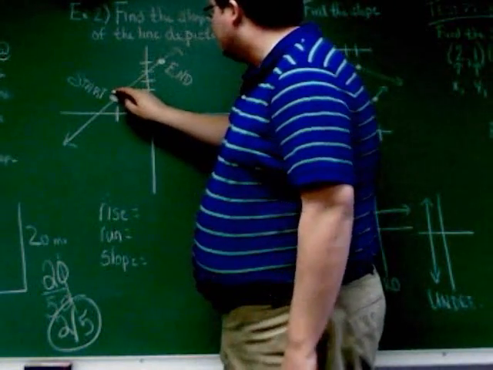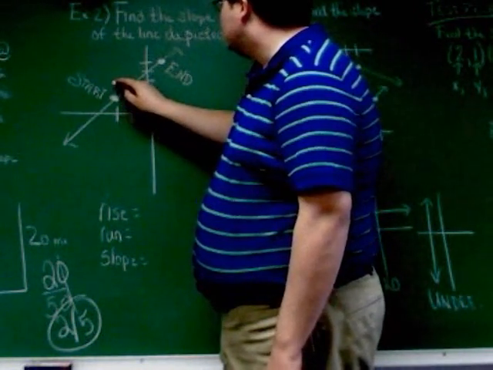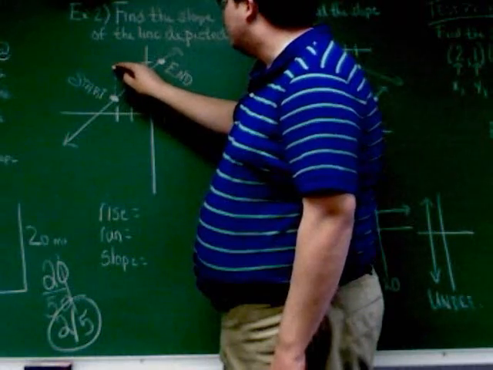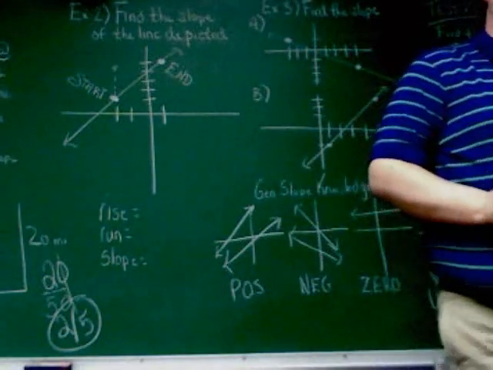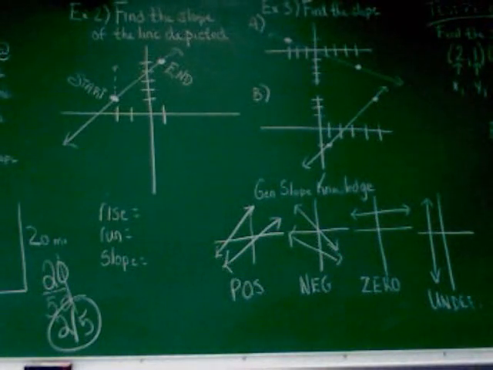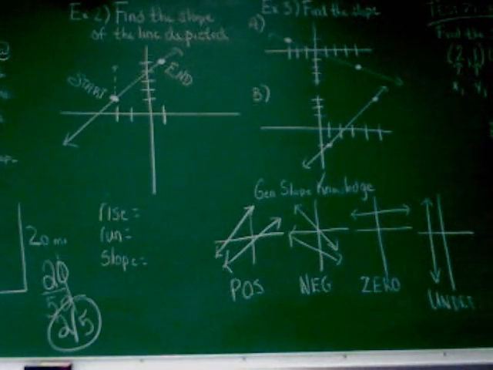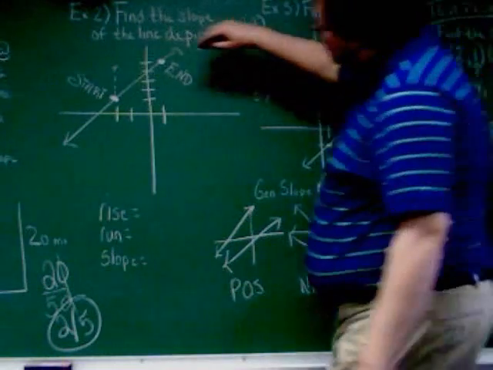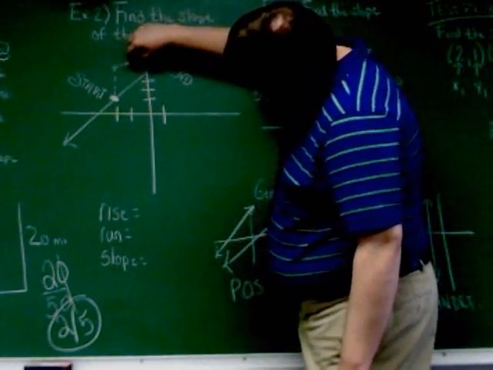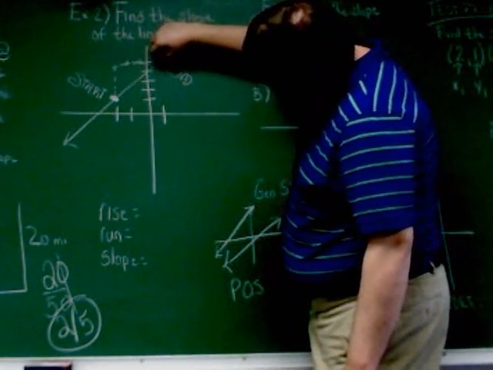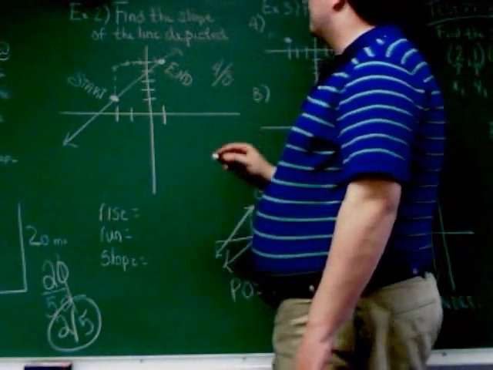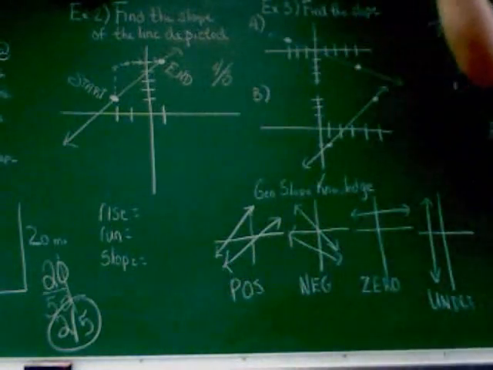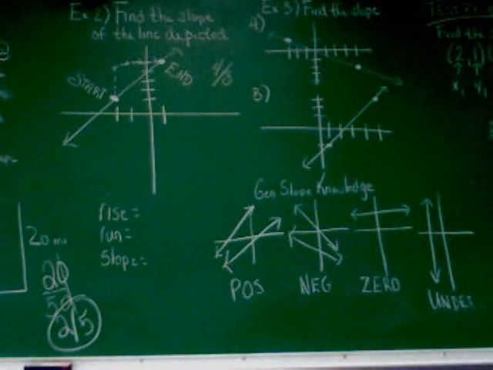Well, I have to go up 1, 2, 3, 4, or otherwise I'm making 4 jumps to get up to that point. And then I'm going to count how much I have to go this way to get to that point. That's 1, 2, 3 jumps. So my slope here is 4/3. How many jumps I had to make going up, and then how many jumps I had to make going to the right.